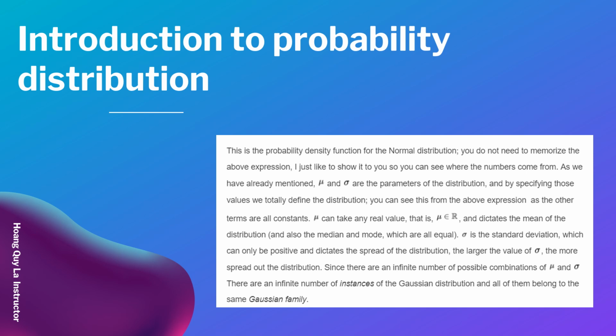Standard deviation, which can only be positive, dictates the spread of the distribution. The larger the value of standard deviation, the more spread out the distribution. Since there is an infinite number of possible combinations of mean and standard deviation, there is an infinite number of instances of Gaussian distribution, and all of them belong to the same Gaussian family.